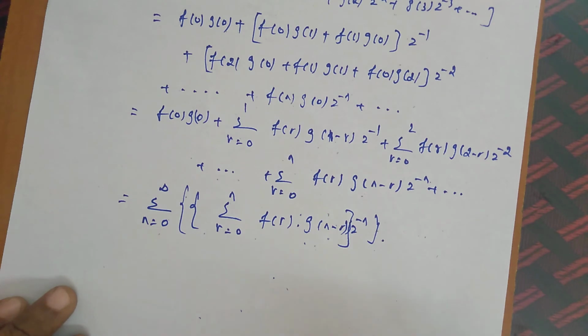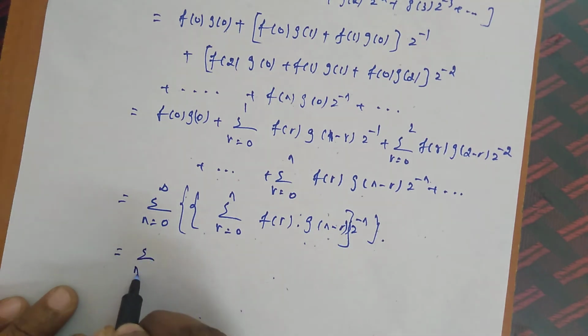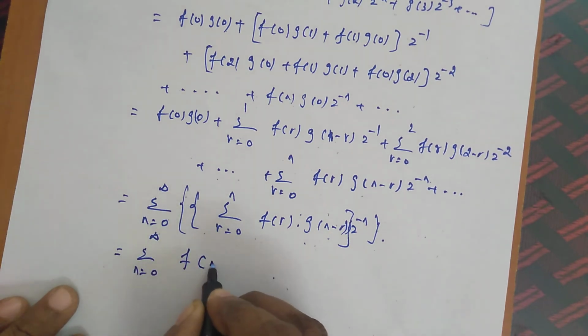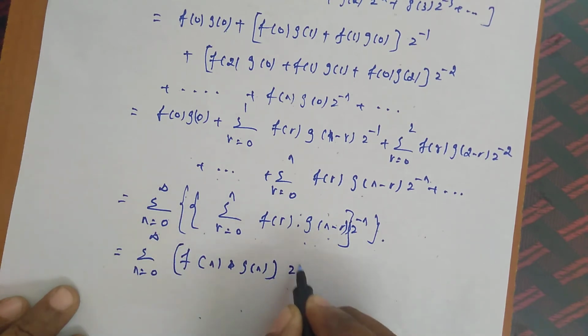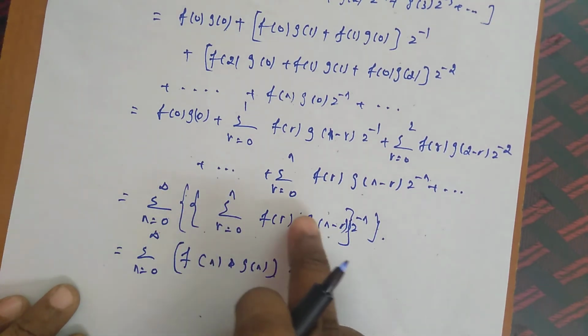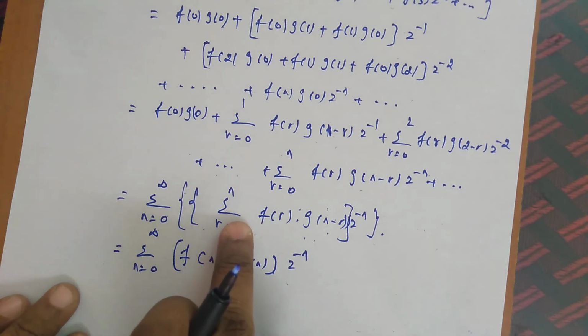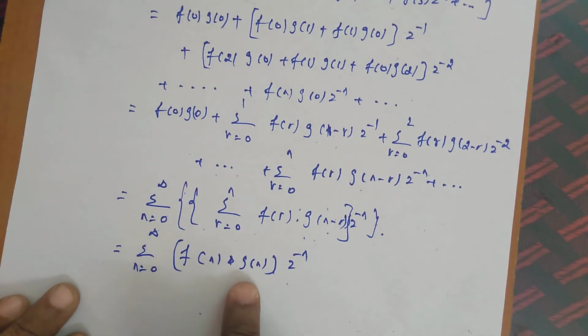So instead of this notation, we are going to write this one as sigma n equal to 0 to infinity f of n star g of n into z power minus n. Is it clear how we are writing this one? By the definition of convolution, instead of f of r into g of n minus r, we are writing f of n star g of n.